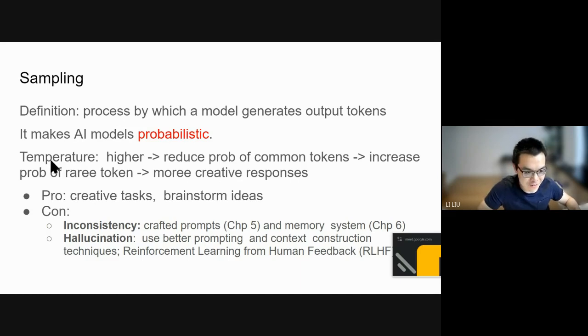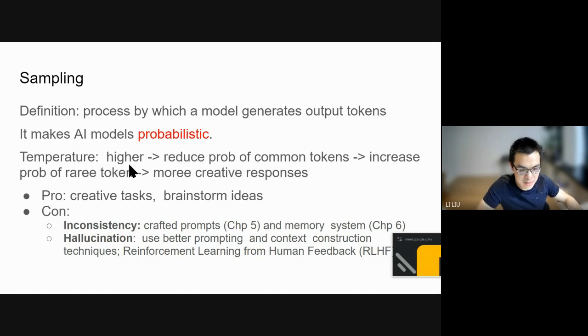And I'm sure you have also heard of a term called temperature. Technically, temperature is just a constant applied to the logits before passing into the softmax transformation. When you are calling the OpenAI API, you can also set the temperature number.